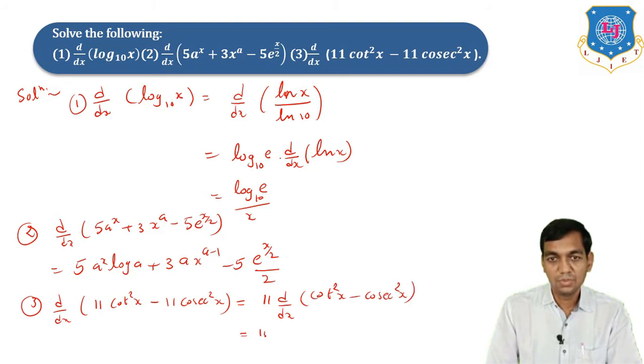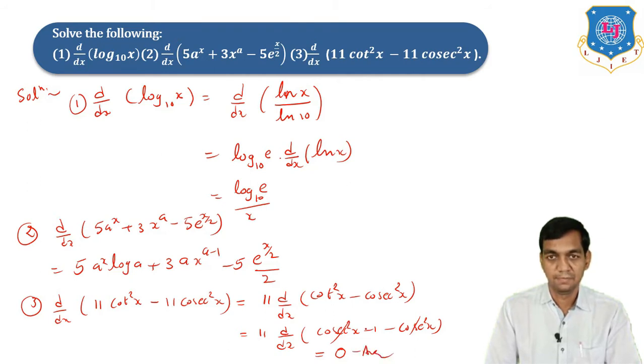And if you remember, cot square is nothing but cosec square minus 1. So cosec square cancels out and you have only minus 1. So derivative of minus 1 is 0. So 0 into anything will be 0. So this one is your answer. Okay.